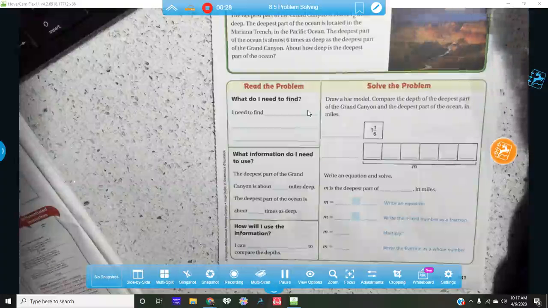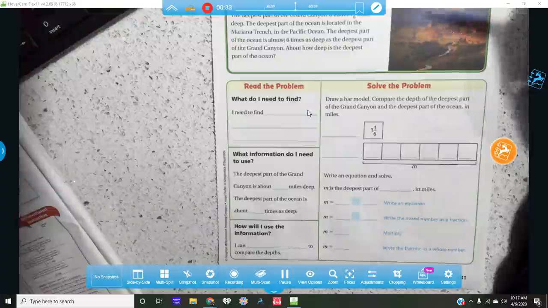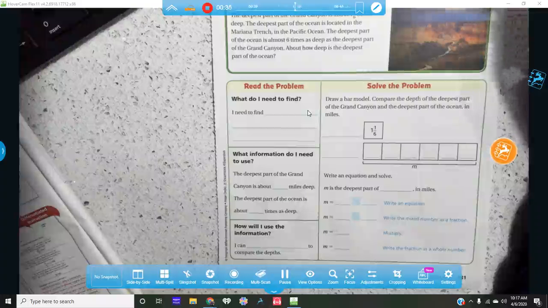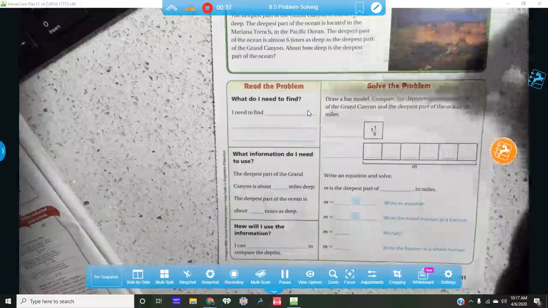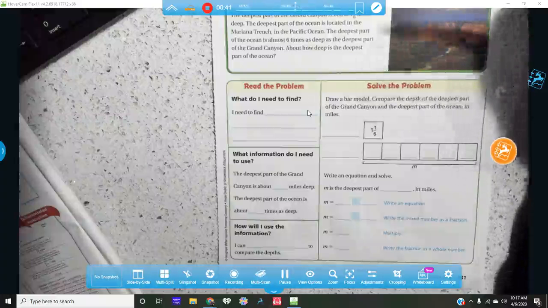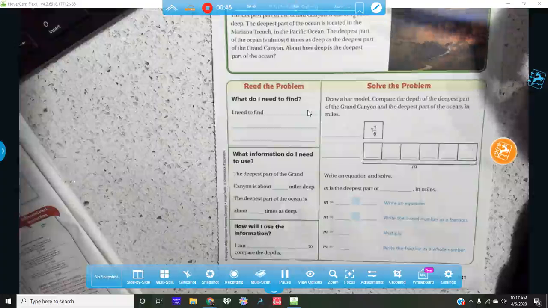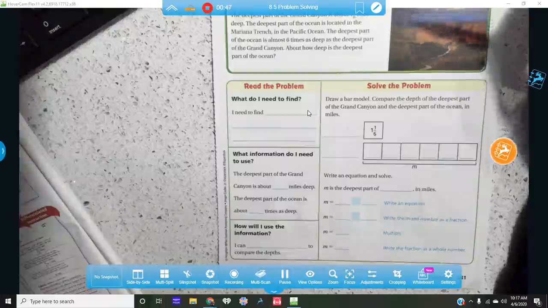The deepest part of the ocean is located in the Marianas Trench in the Pacific Ocean. The deepest part of the ocean is almost 6 times as deep as the deepest part of the Grand Canyon. About how deep is the deepest part of the ocean?